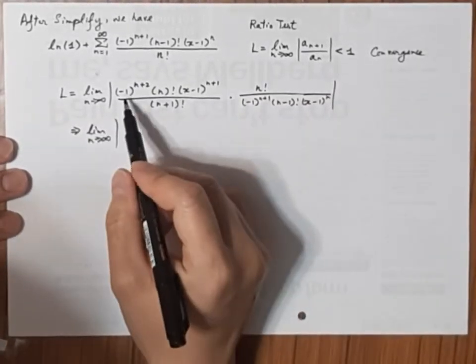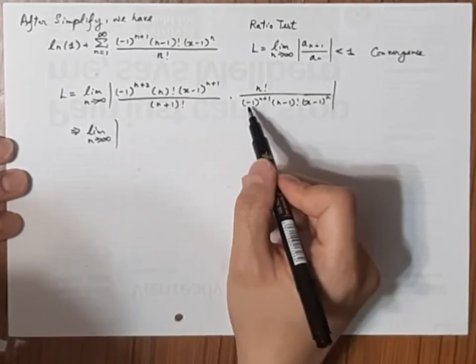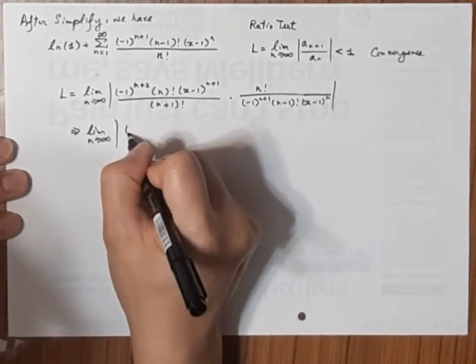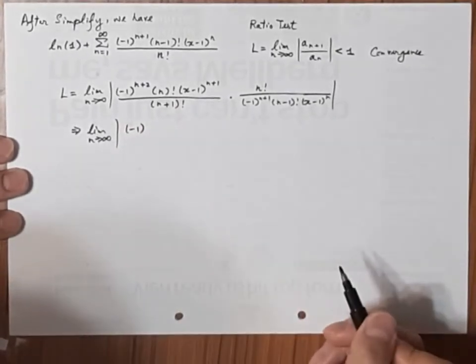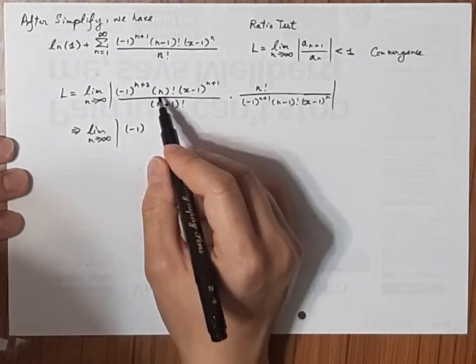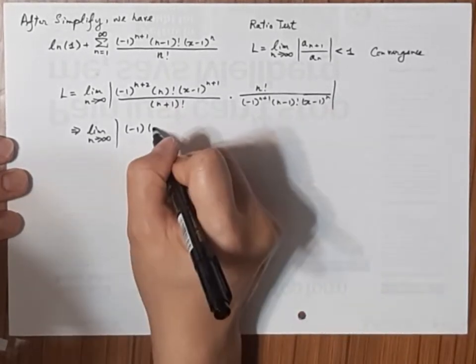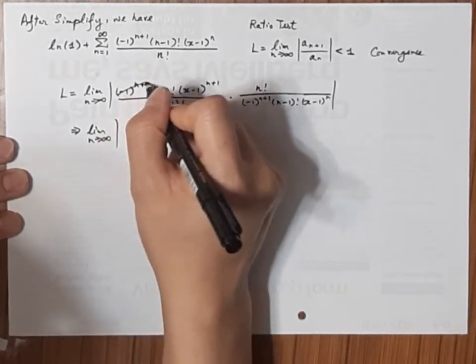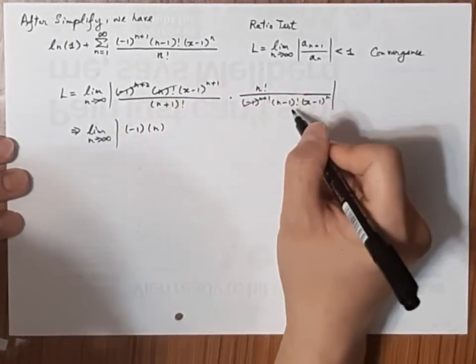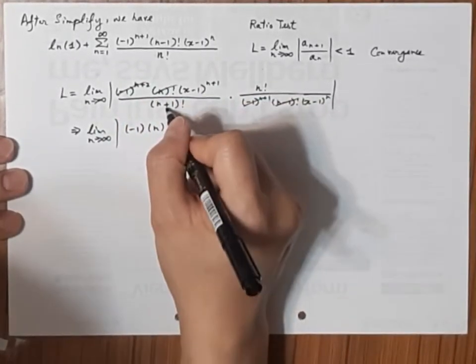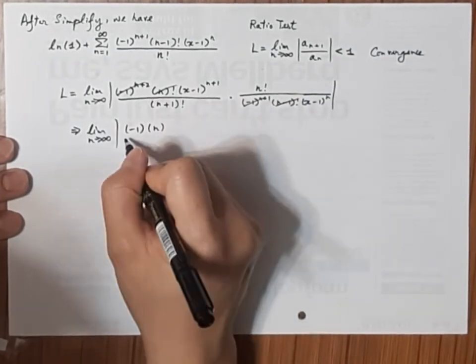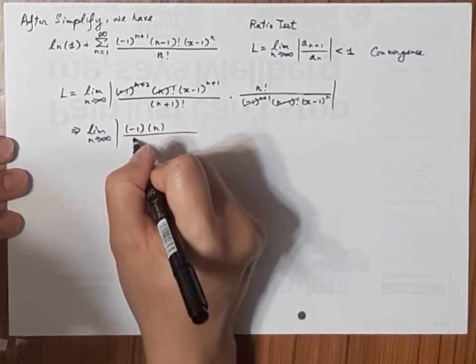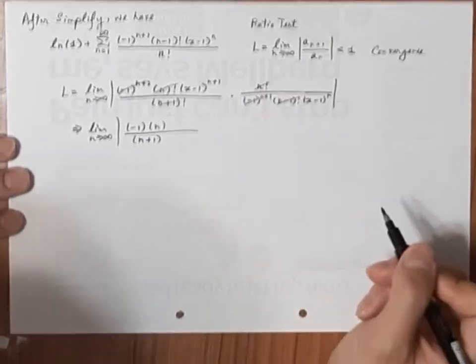We simplify minus 1 to the n plus 2 over minus 1 to the n plus 1. We have minus 1 to the power of 1 at the top. And n factorial over n minus 1 factorial, we got n left here. So this one cancels as well. N factorial over n plus 1 factorial at the bottom, so we get n plus 1 at the bottom. These two cancel.